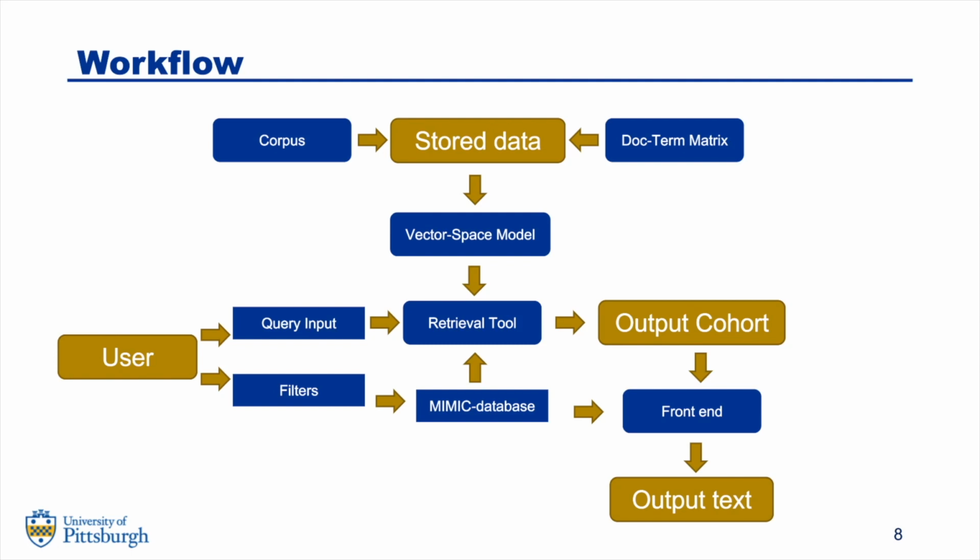And then the retrieval tool takes advantage of the corpus, the document term matrix, and the vector space model to produce an output cohort, which is in the form of row IDs again for the discharge notes. And then those are given to the front end, which queries the database again to retrieve the text corresponding to those IDs, and then they are shown to the user.